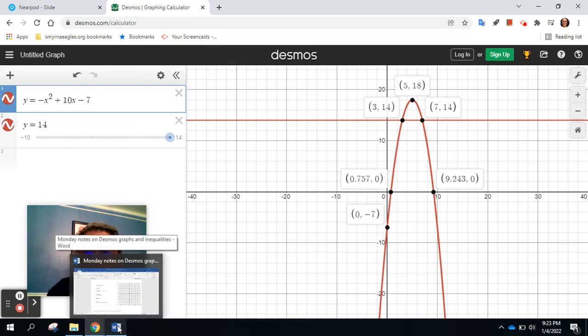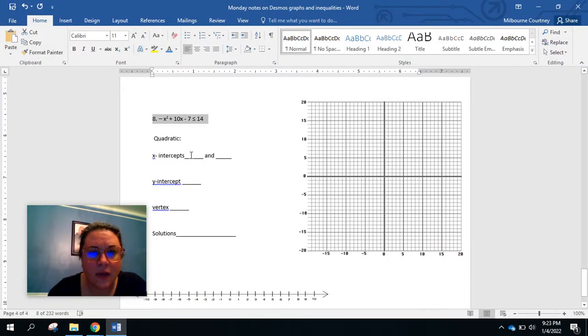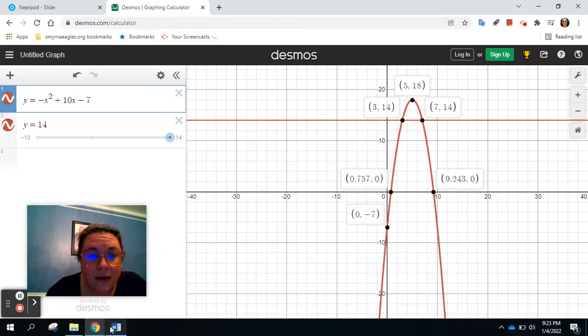I'm probably going to switch back and forth a bunch of times, but that's whatever. Okay, x-intercepts. That's where it crosses the x-axis. So that's crucial stuff. Going back.